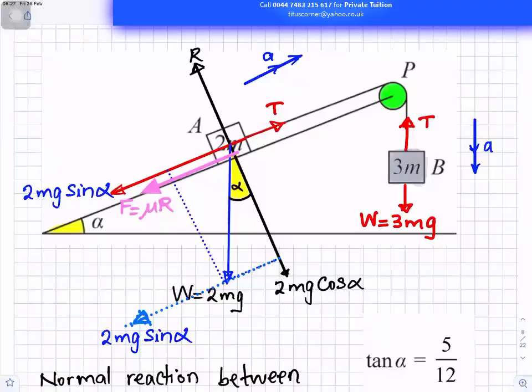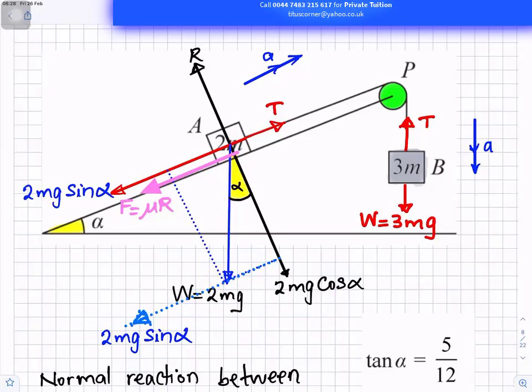One of the most important things is to get your diagram correct. So what we have here is the mass of 2m. The weight is acting downwards. So the weight is 2 mg acting downwards.